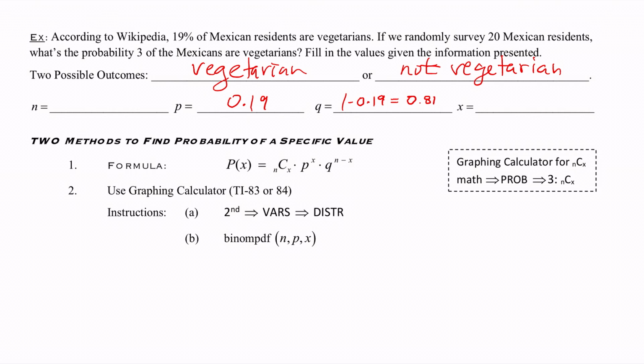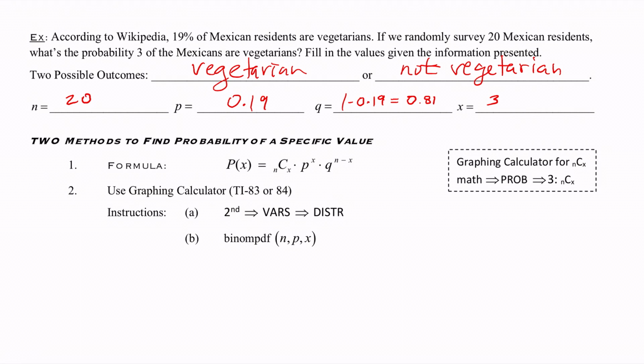Since we're surveying 20 people, N would be 20, and we're asking ourselves, what's the probability that exactly 3 of them are vegetarian? So X would be 3. Here we've labeled everything that we need.